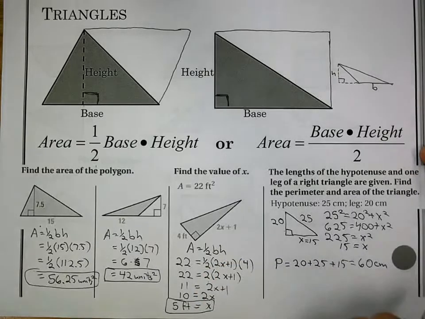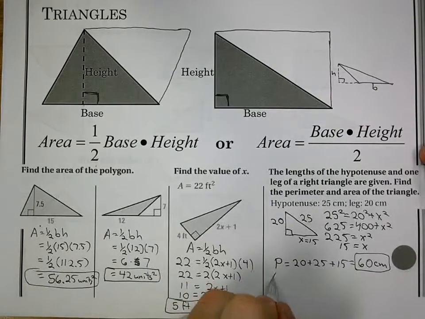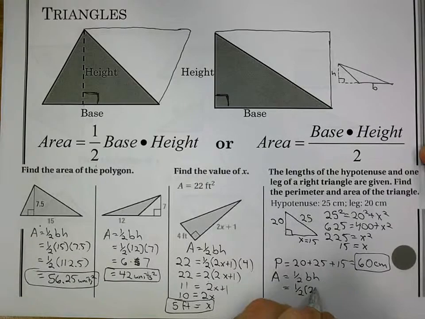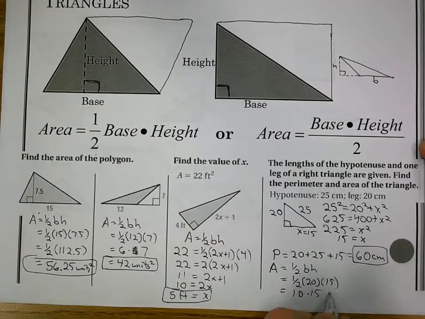And that'll be 60 centimeters because it's length, not area, so it's just units. And area would be 1/2 base times height. So that's 1/2 times 20 times 15, which half of that would be 10 times 15, or 150 centimeters squared.